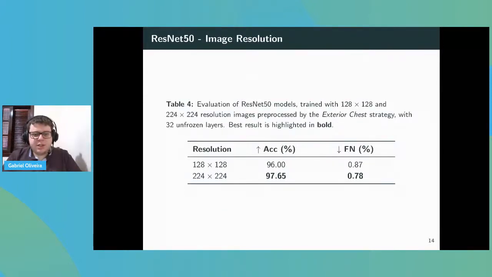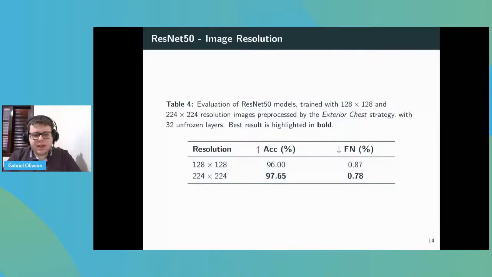There is a change in the resolution. Until now, we were using 128 by 128 image resolution, and then we applied 224 by 224 resolution.